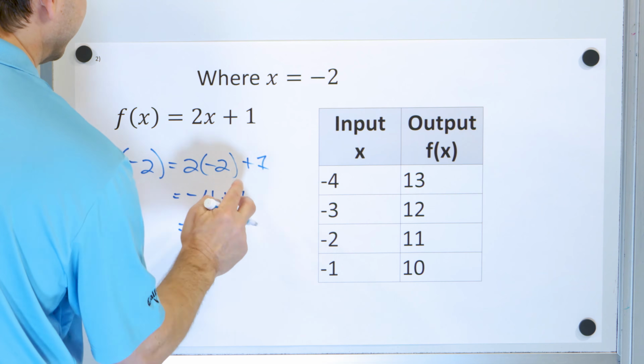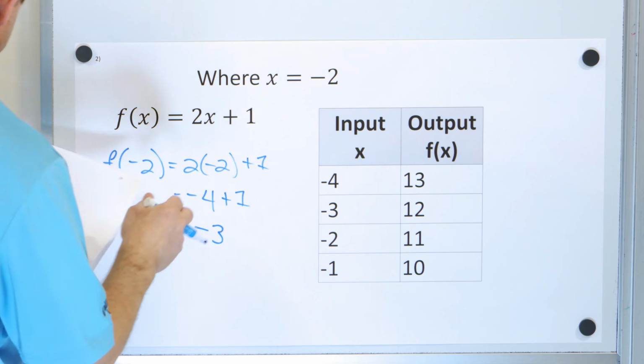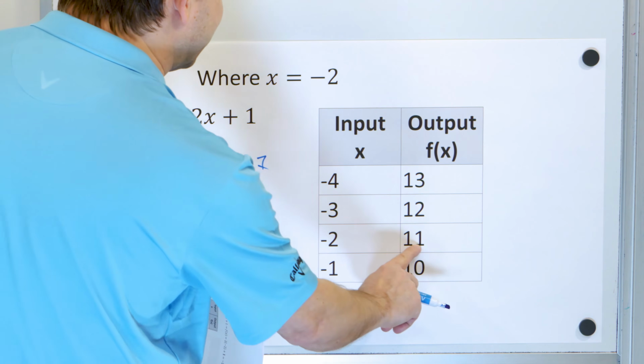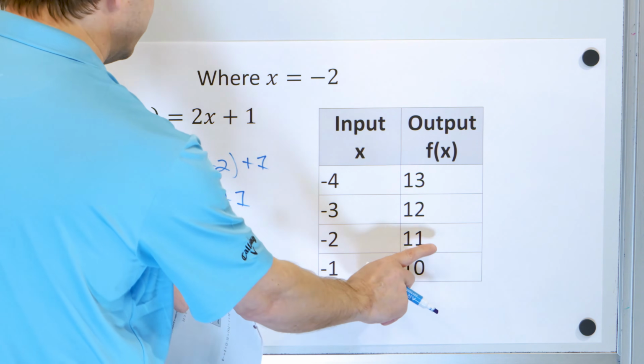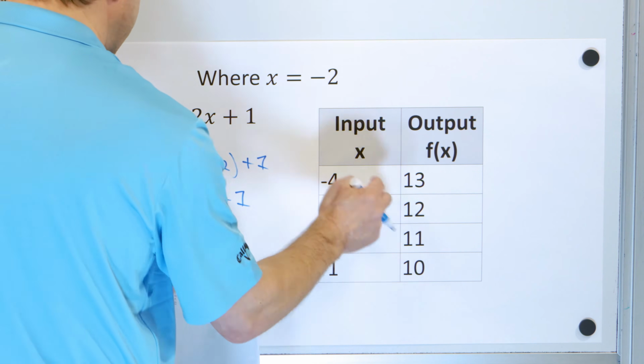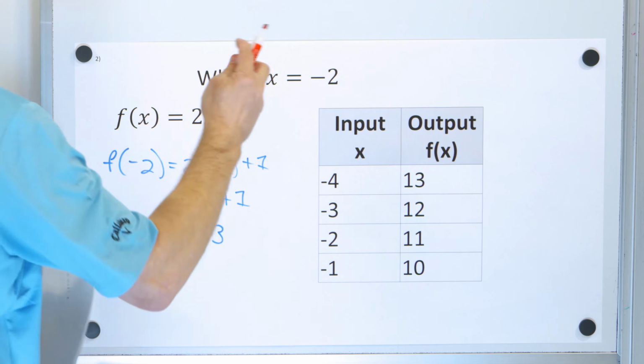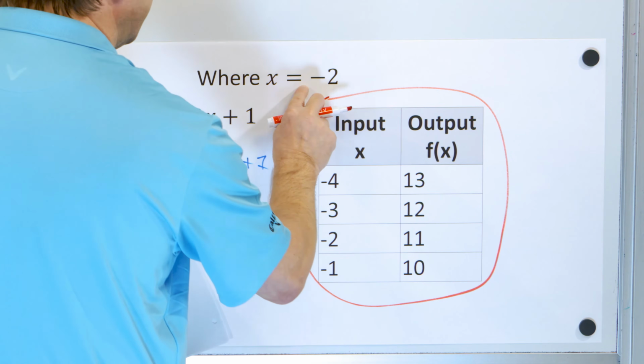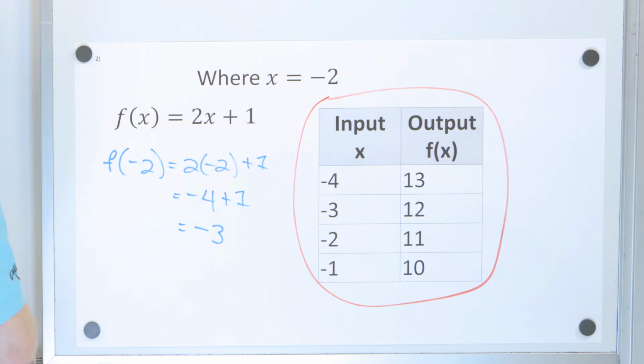And then we have -4 plus 1 is -3. So the output there is -3. But when x is equal to -2 in this table, the output is 11. So which of these two has a larger value? This one does over here. So actually, this function has a larger value when the input x is allowed to be -2.